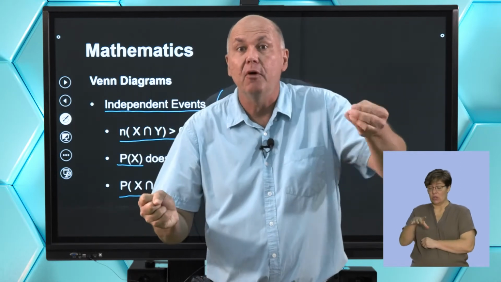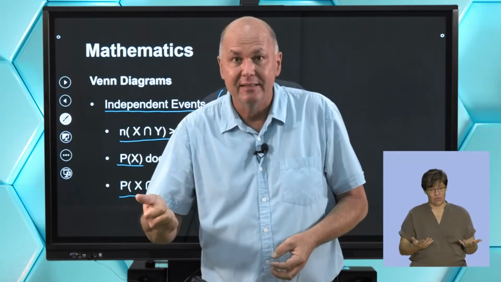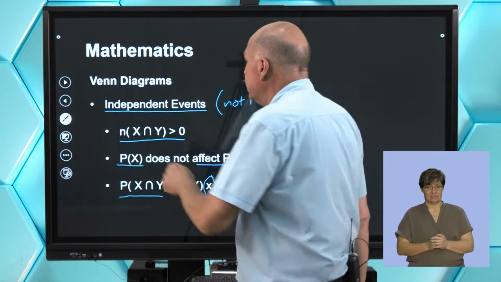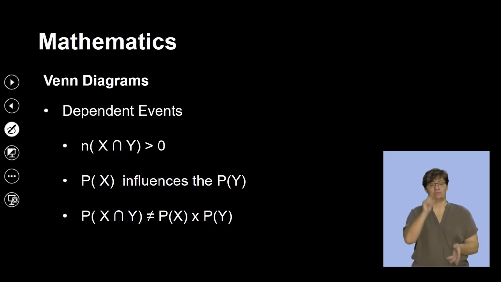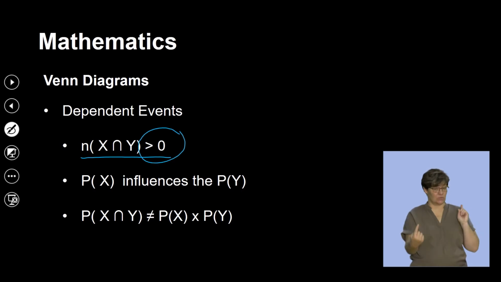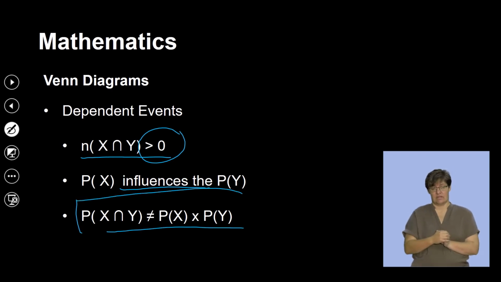The outcome of the first event can affect the probability of the second. And those are known as dependent events. And we summarize them very simply as follows, that again, they're not mutually exclusive. There is something in the intersection, but we recognize there's an influence, and this identity doesn't hold.